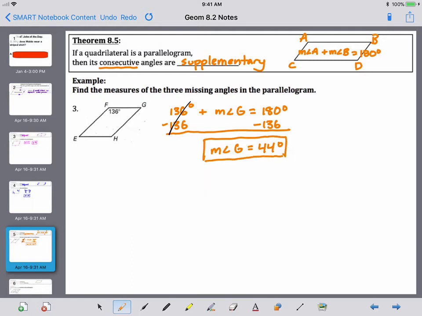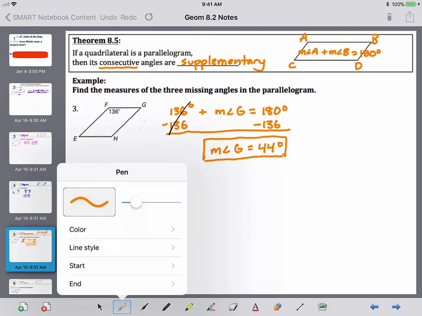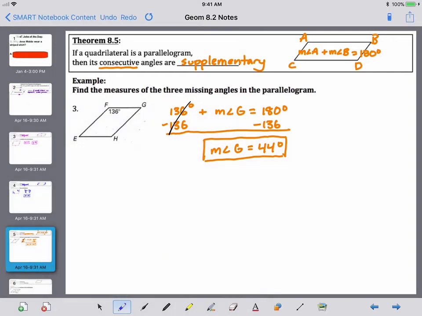Okay, so now we just have to find angles E and H. From theorem 8.4, we know that the opposite angles are congruent. Across from angle F is angle H, so angle F is congruent to angle H, just by theorem 8.4. If angle F is 136 degrees, then angle H is also 136 degrees.